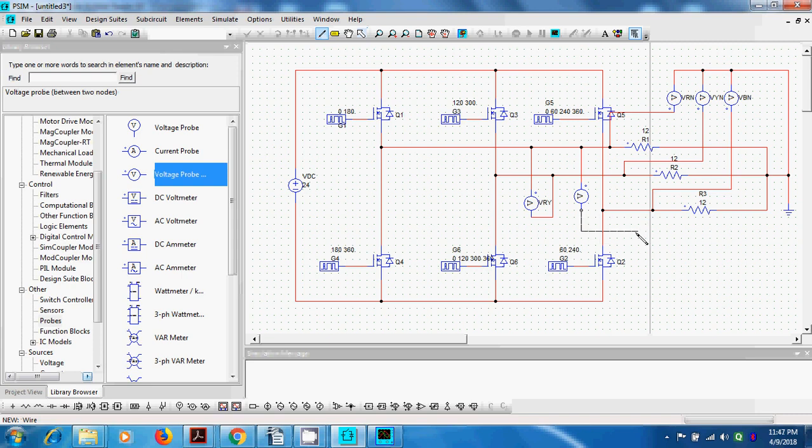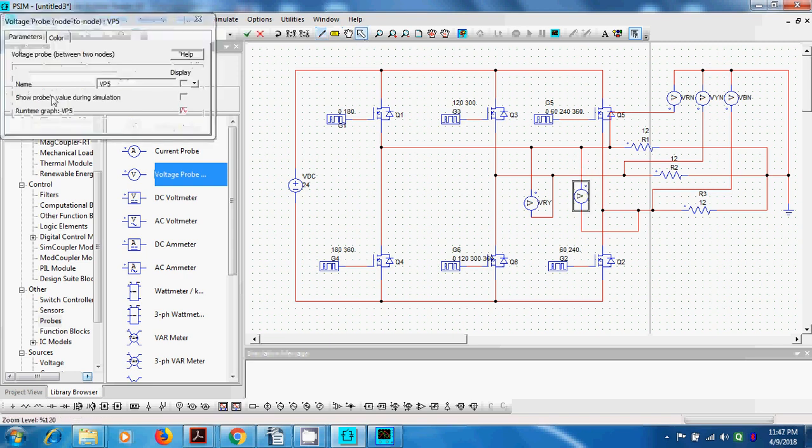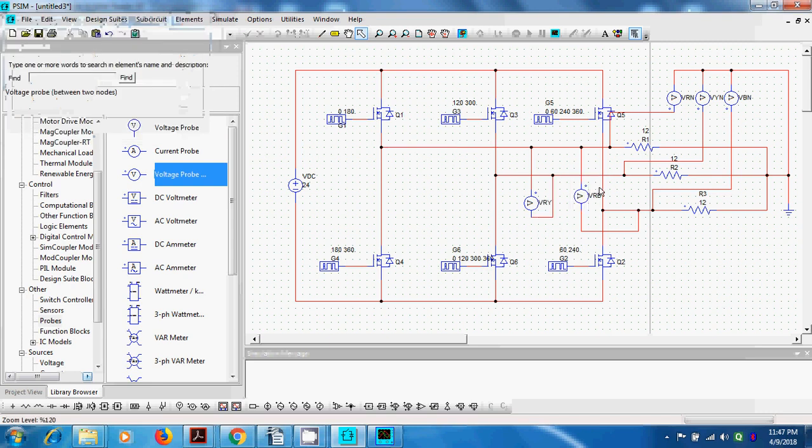B is here. So this is B, this is R. So definitely I will call it VRB. If you want to find out VBR, then this dot will be towards B. That will be VB, because that dot indicates the positivity.